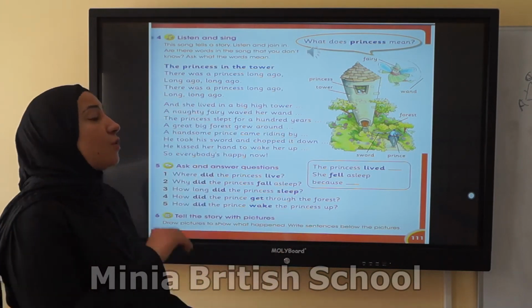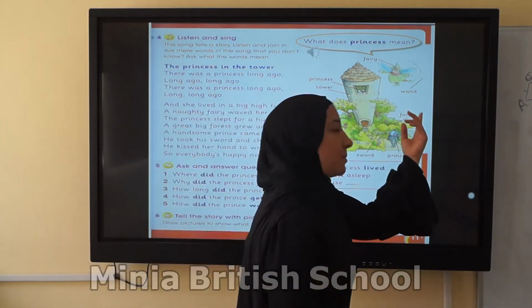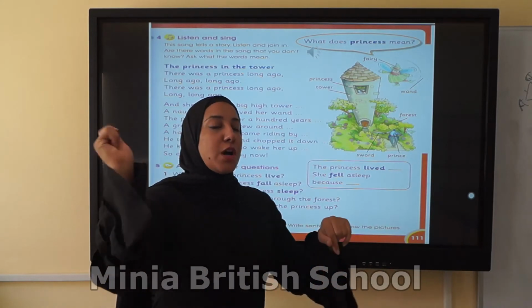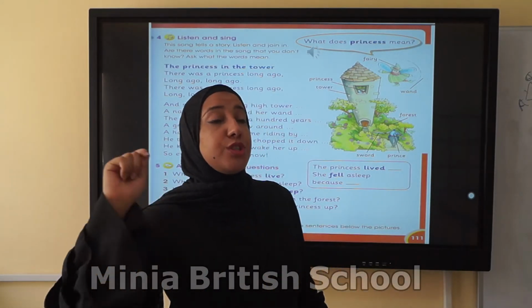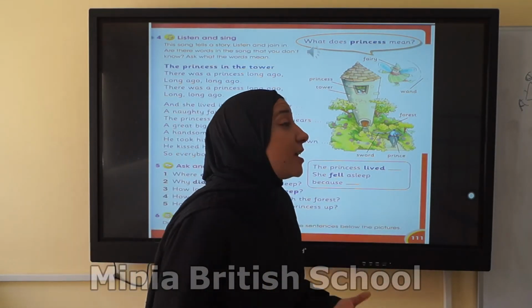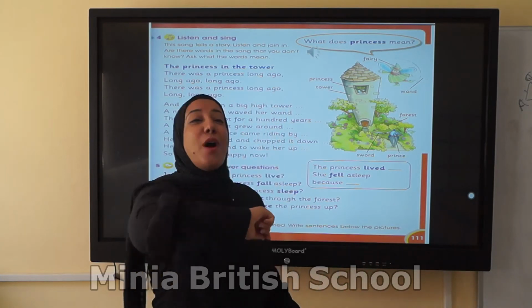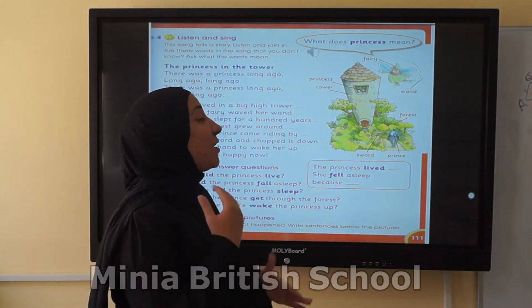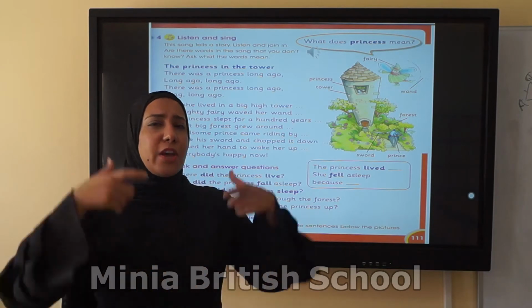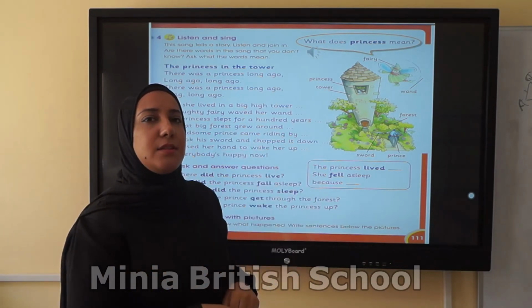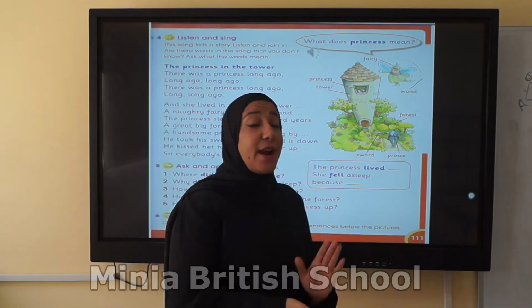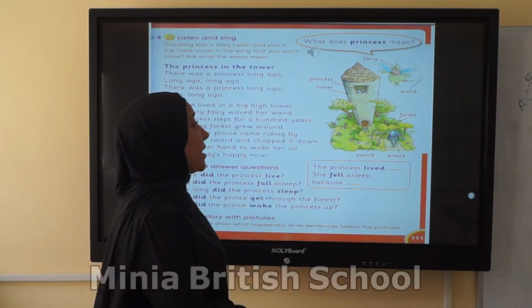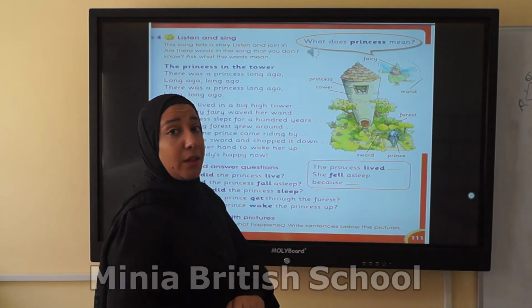Okay, this is the tower. This is the fairy. The fairy used what to turn a frog into a prince? She can use the wand. Okay. The prince and the princess, they wear what above their heads? Excellent. Crowns. Okay. This is the tower. It's a building.